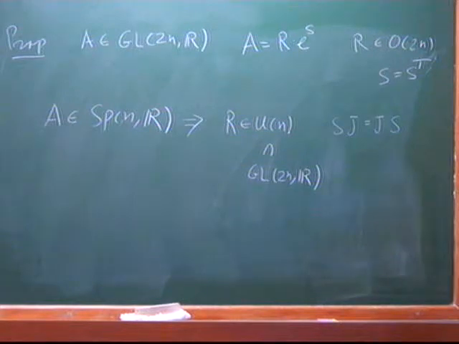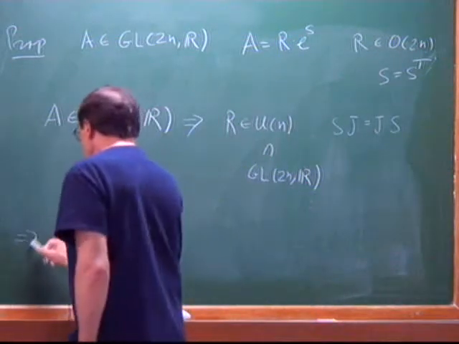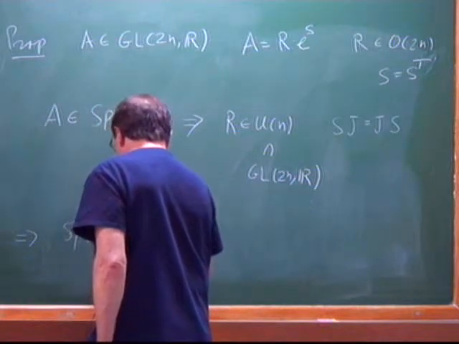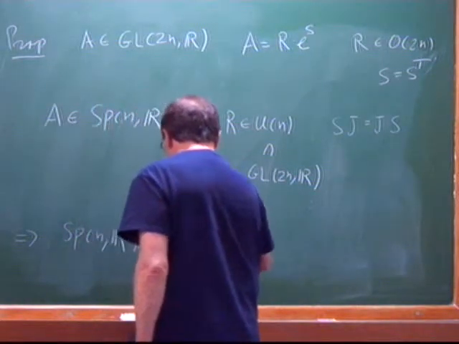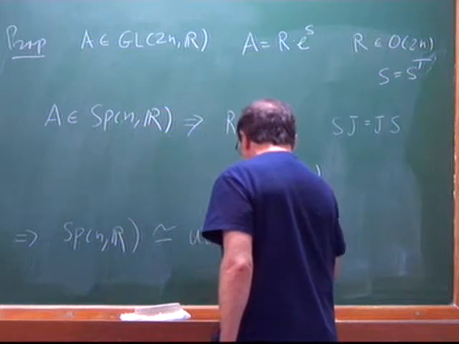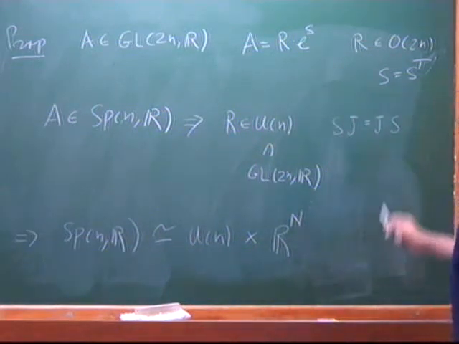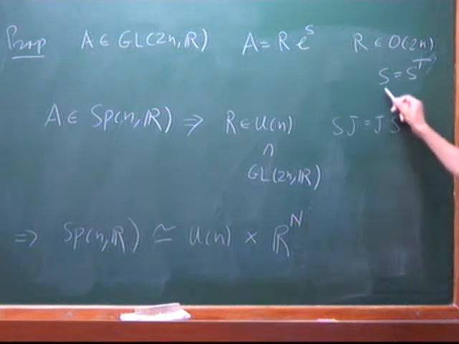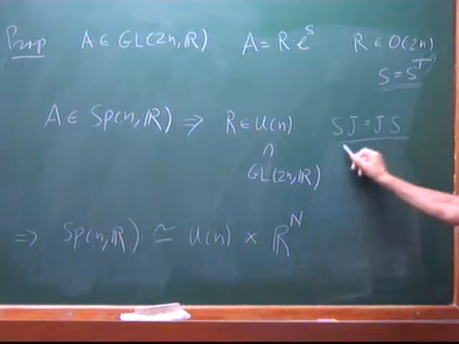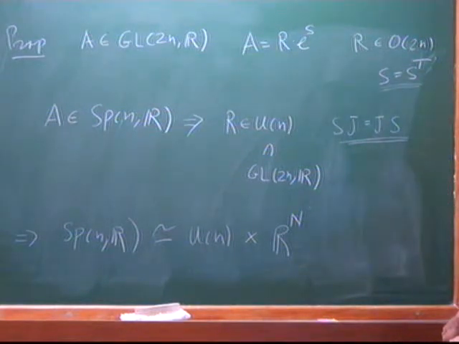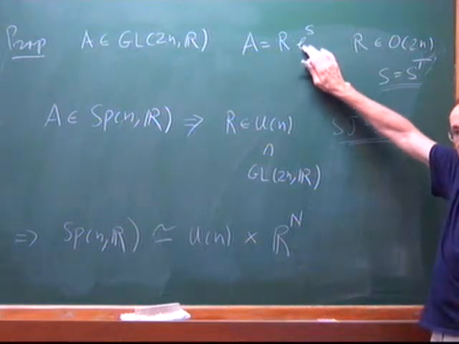Okay. So what does that mean? As a consequence, I get that SPNR is diffeomorphic to UN times a vector space of a certain dimension. So symmetric plus commuting with J, that's a linear vector space of a certain dimension. And this decomposition was unique, right? Polar decomposition was unique.